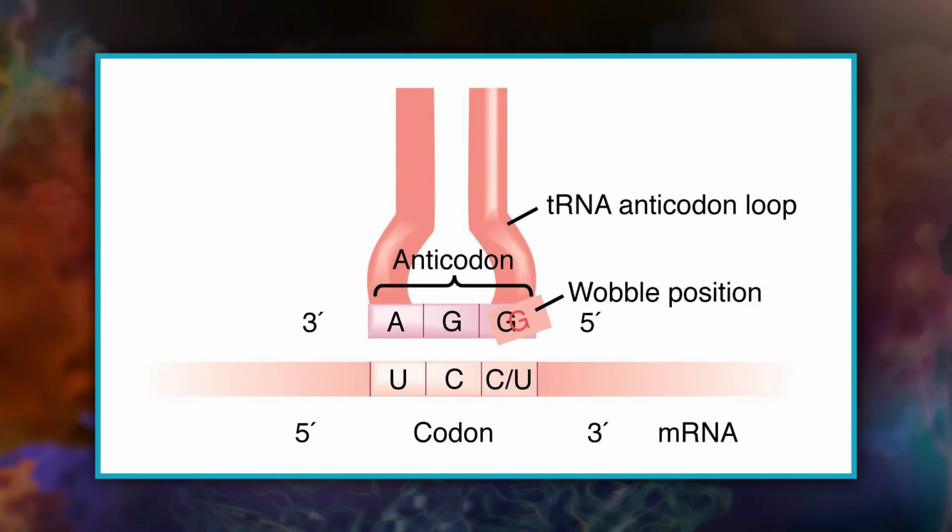Some anticodons pair with more than 1 codon due to wobble base pairing. Frequently, the first nucleotide of the anticodon is one not found on mRNA, inosine, which can hydrogen bond to more than 1 base in the corresponding codon position.